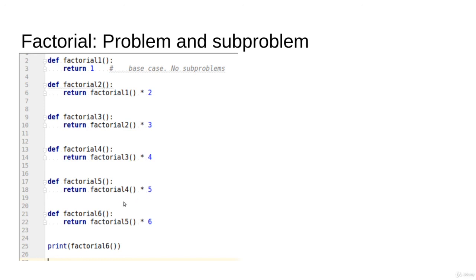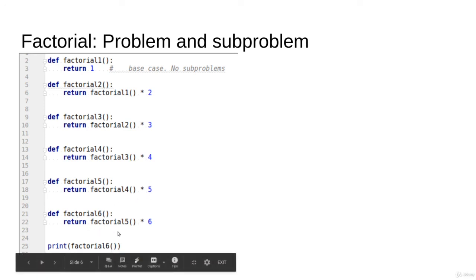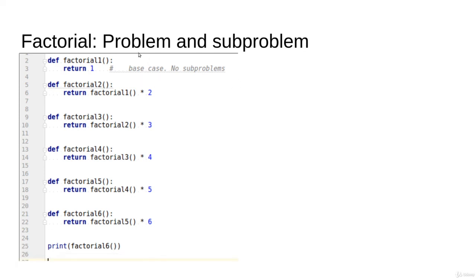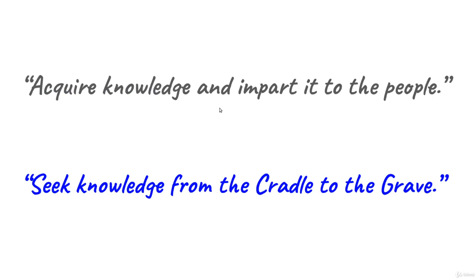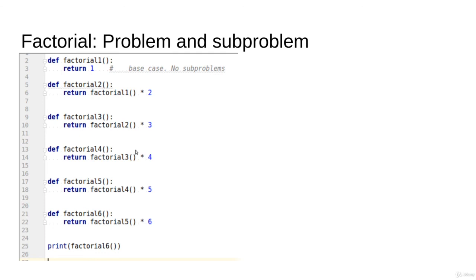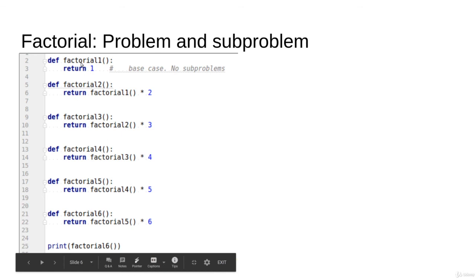In a similar way, factorial 6 is the answer of factorial 5 times 6. Factorial 1 is our base case. There are no more sub-problems, okay? In case you would like to handle 0 in a professional way, you can also add factorial 0 here as a case. I hope you got the sense of a problem and a sub-problem. In the next video, we will see how this code can be written with only a single function that is actually calling itself rather than calling another variant of the function.